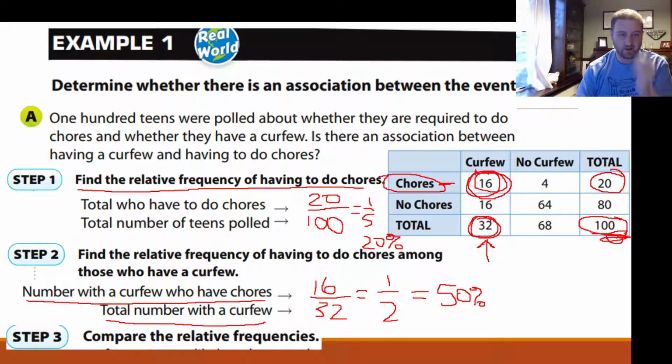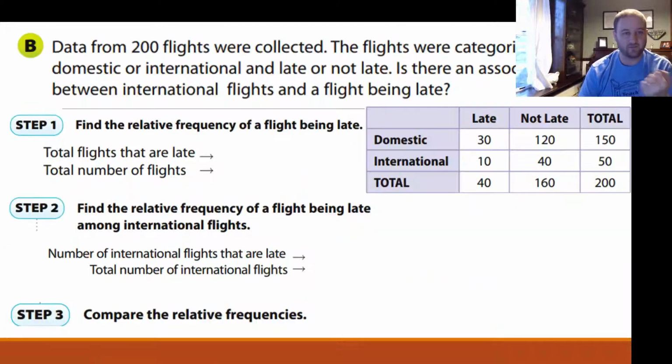So what we can say is, if we're going to compare these relative frequencies, students are more likely to have to do chores if they have a curfew rather than not have a curfew. Make sense? Okay? Because these students are the ones with a curfew. They're a lot more likely to have to do chores than the general population of students. Okay? That's how we can interpret that.